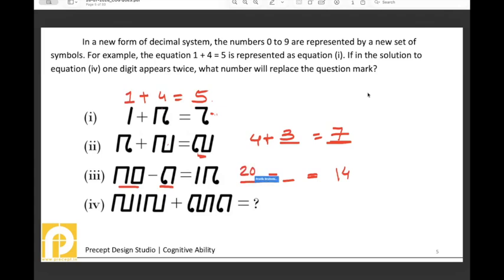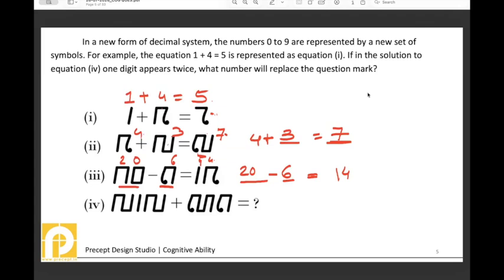So 20 minus a single digit number, which is 6, is equal to 14, works. So this is 6. This is 2, this is 0, this is 1 and 4 already established. And in this case, this is 7, 3 and 4.